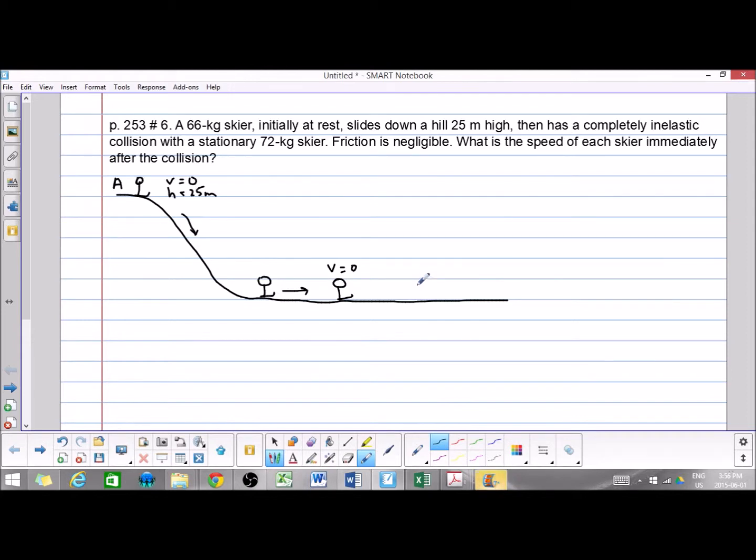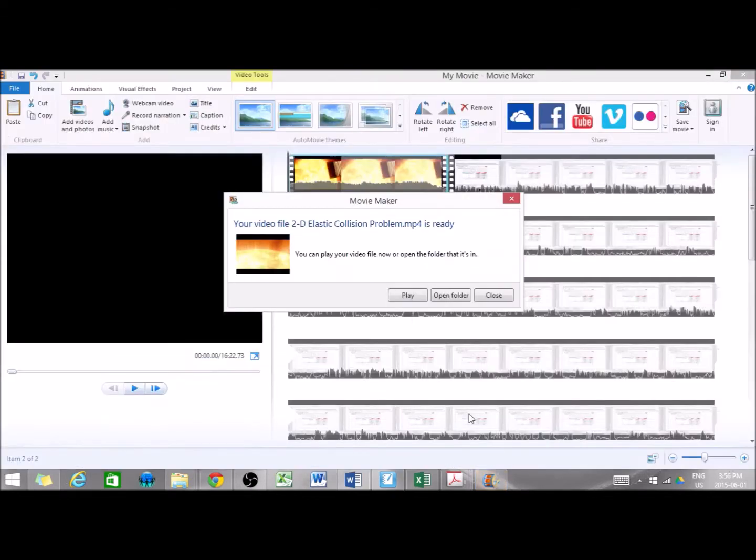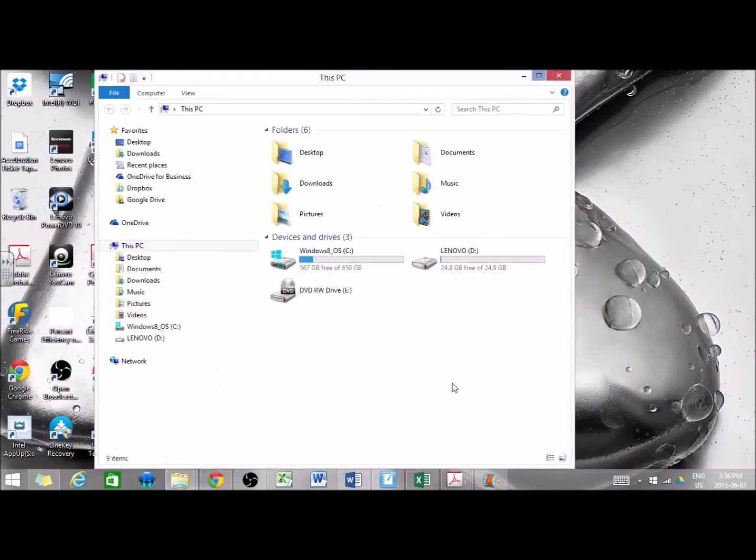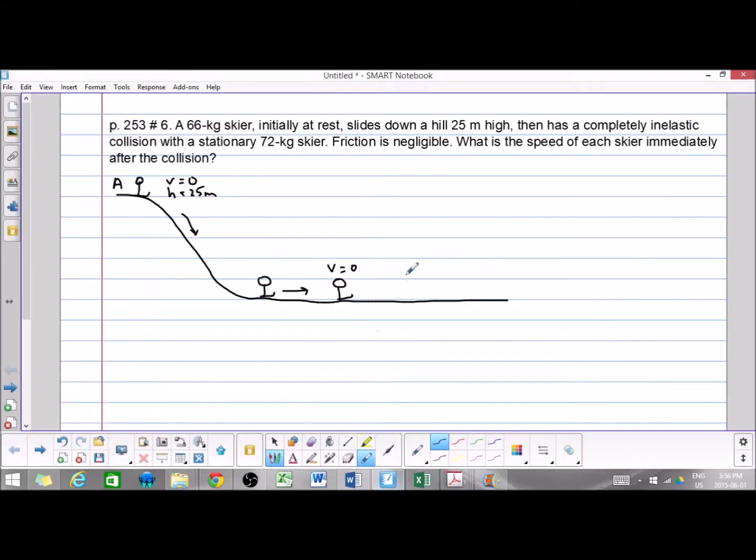Now, as you recall, a completely inelastic collision means that the two skiers will be combined into one. So they are stuck to each other, their skis intertwined, and they move off as a single body with some speed, and that's what we have to solve for.